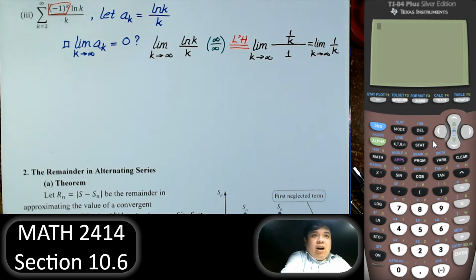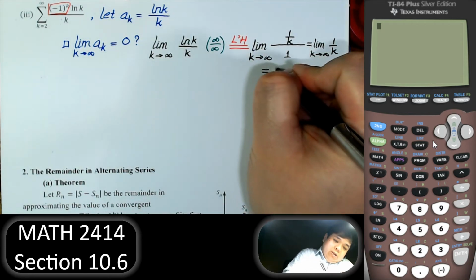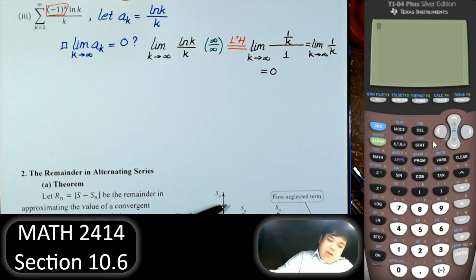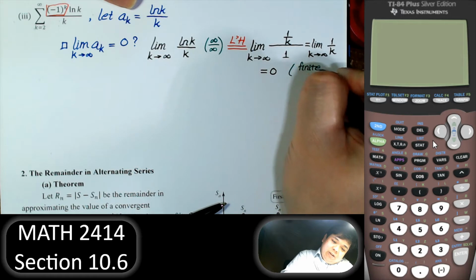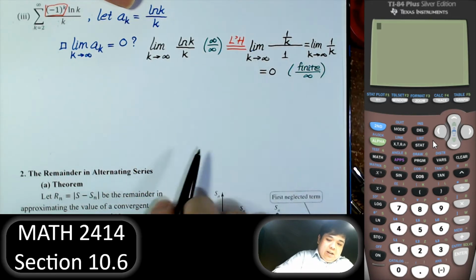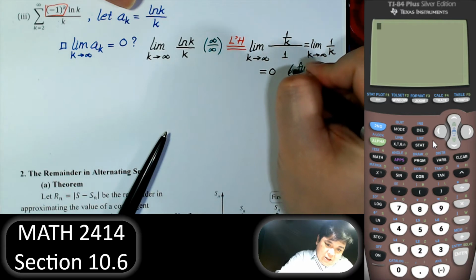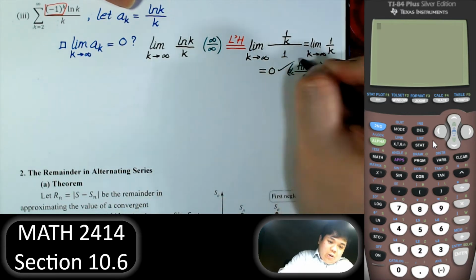Now the top is finite, the bottom goes to infinity, so this one goes to 0, because we have finite divided by infinity. So yes, this one goes to 0.